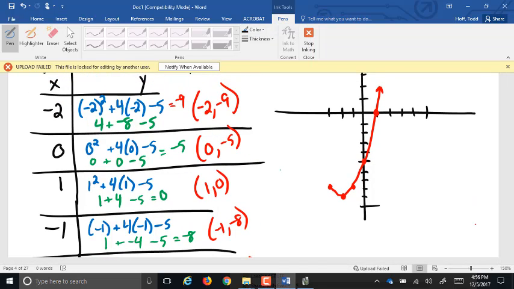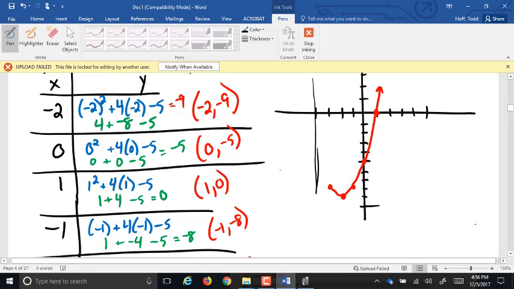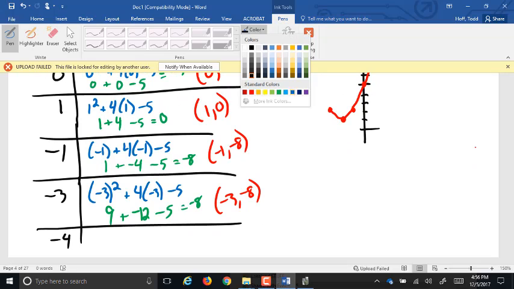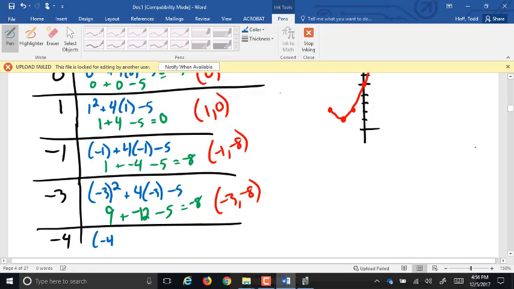So I'm going to pick another point here. I'm just going to keep going. I'm going to do x is negative 4 here to see what's happening over in this area. Well, if x is negative 4, y will be negative 4 squared plus 4 times negative 4 minus 5. I'm going to leave it up to you at this point to figure out this value. That comes out to be negative 5.